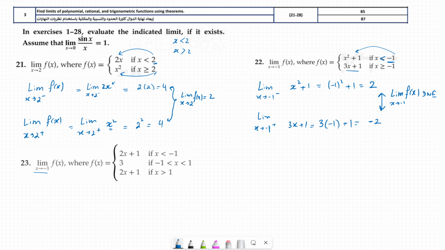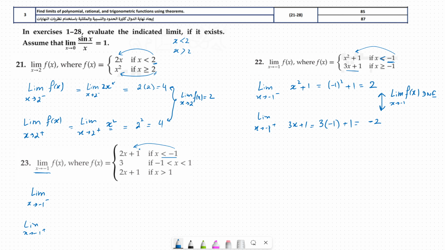Now we go to the next one, which is question number 23. Now they want the limit as x approaches minus 1. So again, we need the limit as x approaches minus 1 from the left, and the limit as x approaches minus 1 from the right for f of x. Now, minus 1 from the left: again, where is the first time that minus 1 appears? Here.